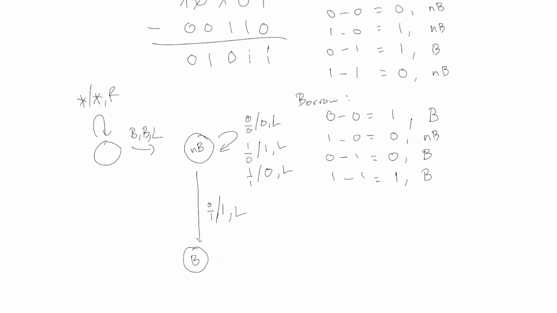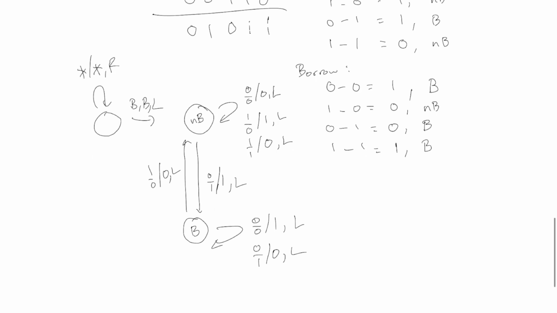So that's a loop, right? 0, 0, answer is 1 and loop back to the borrow. 1, 0, answer is 0 and go back to no borrow. 0, 1, answer is 0 and stick with the borrow. And 1, 1, the answer is 1 and stay there. So this is what I got. This I consider confusing just because borrowing is confusing.